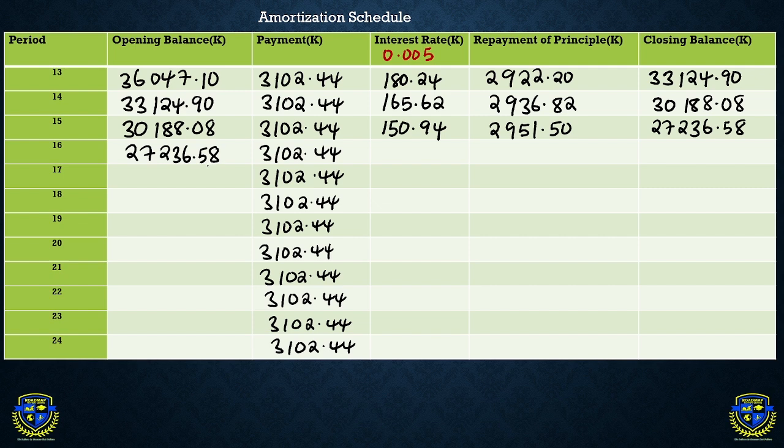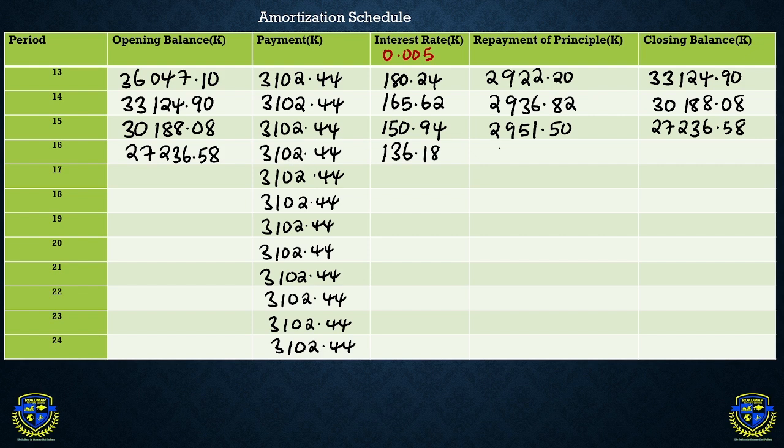Multiplying 27,236.58 multiplied by 0.005. Okay, what are we getting there as the interest? It's going to give us an interest of 136.18, subtracting 136.18 from 3,102.44.